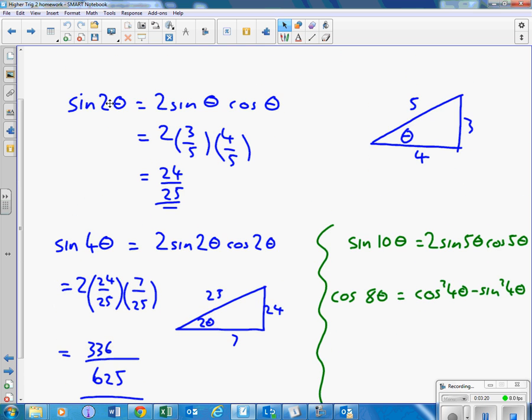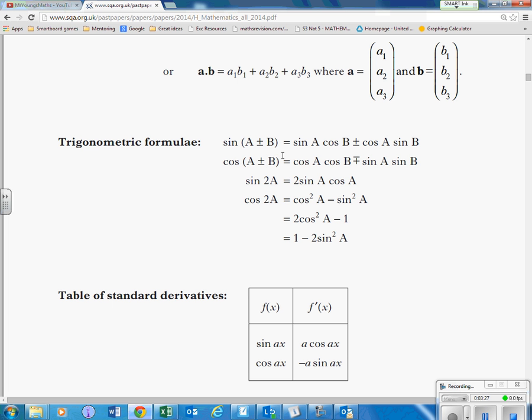Right, so if I know sin 2 theta, I can use the double angle formula again. So here it says sin of 2A is 2 sin A cos A. Basically it means sin of double the angle we have on this side, so sin of 2A, twice as big as A, is 2 sin A cos A. So this left-hand side is always double the angle on the right-hand side. It's a double angle formula.